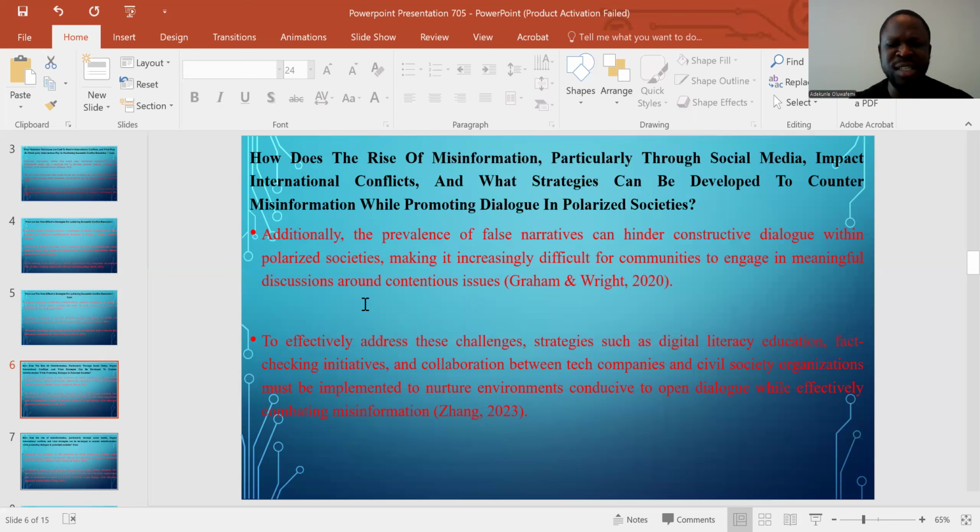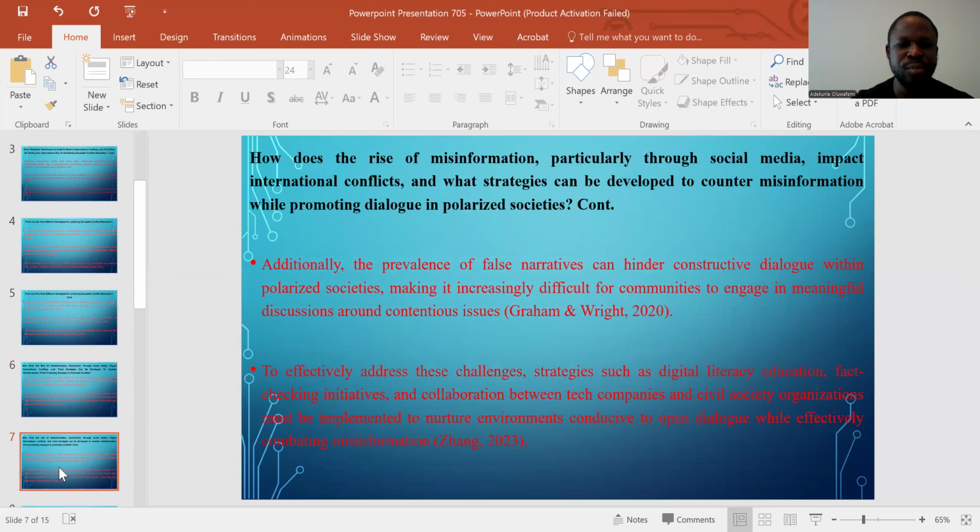To effectively address these challenges, strategies such as digital literacy education, fact-checking initiatives, and collaboration between tech companies and civil society organizations must be implemented to nurture an environment conducive to open dialogue while effectively combating misinformation.